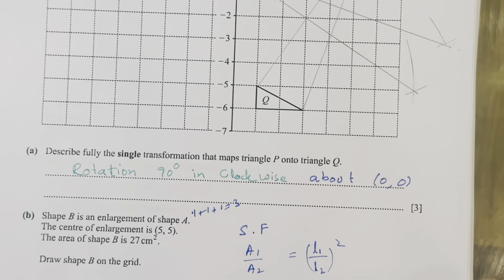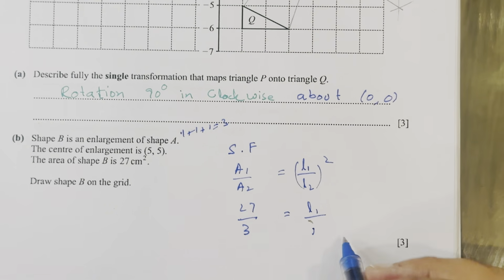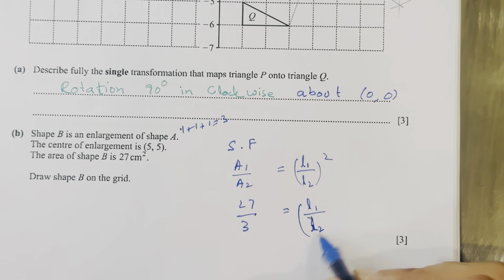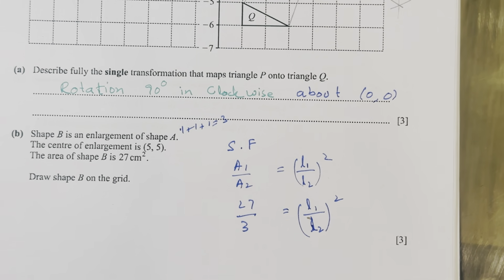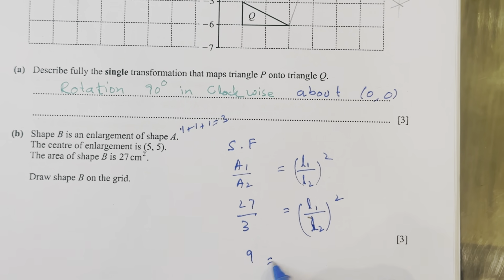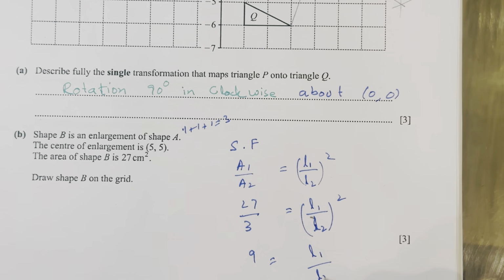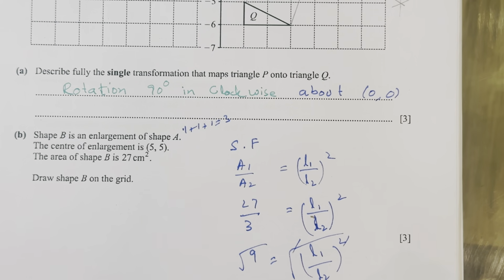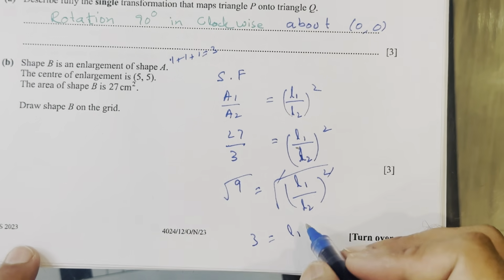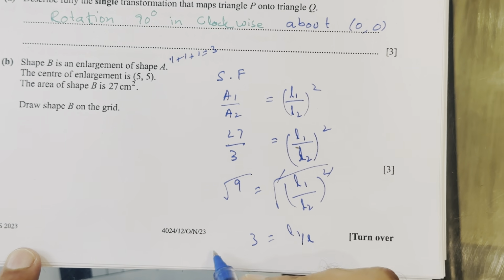So 27 by 3 is equal to L1 over L2 squared. We solve, answer would be 9. After taking the square root of L1 over L2, the scale factor would be 3.